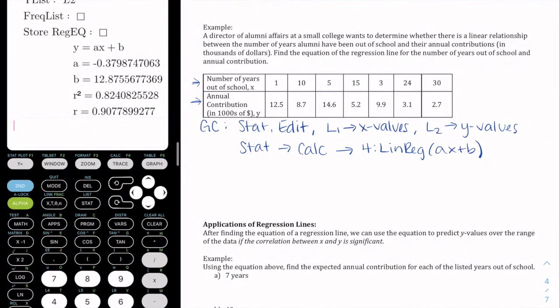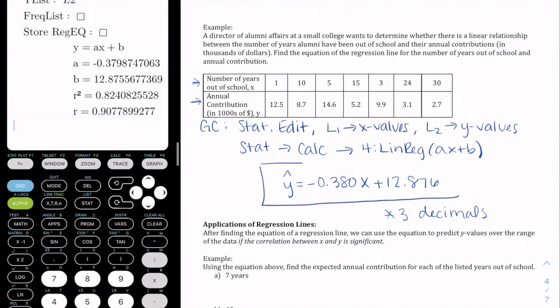So we can say that y hat equals negative 0.380x plus 12.876, because we're always going to round to 3 decimal places. So that is our linear regression.